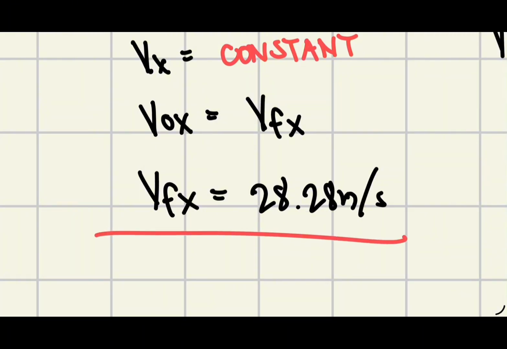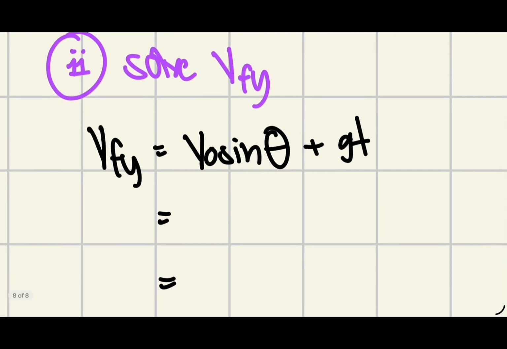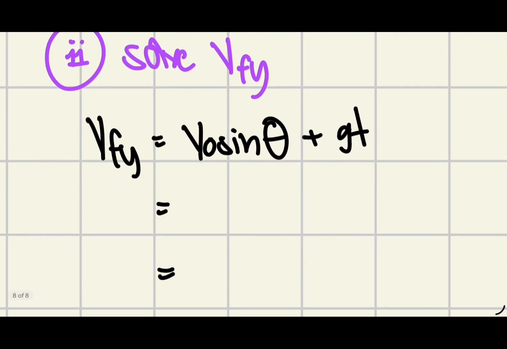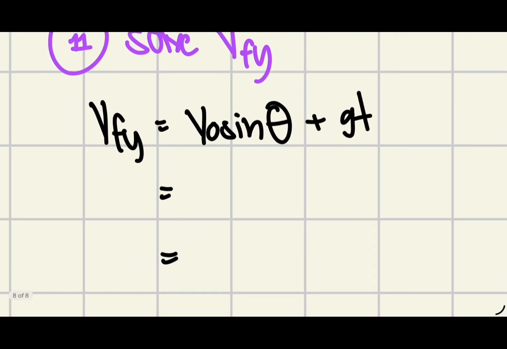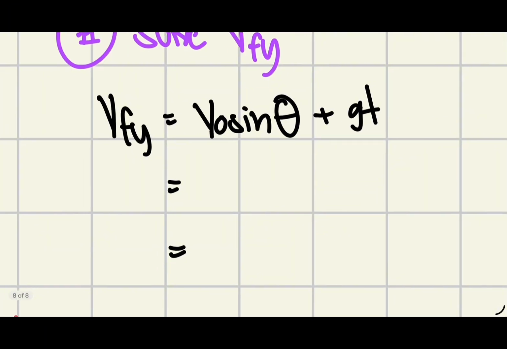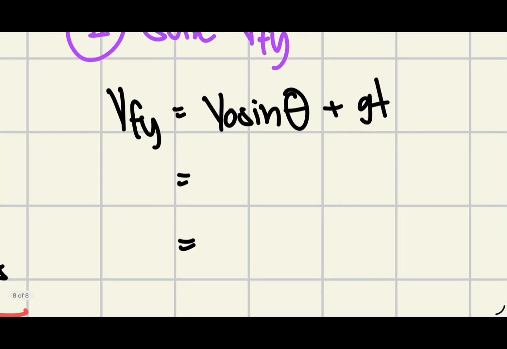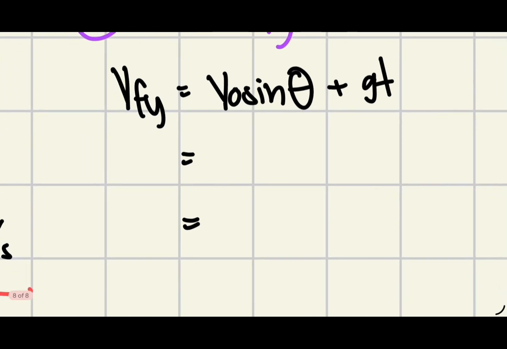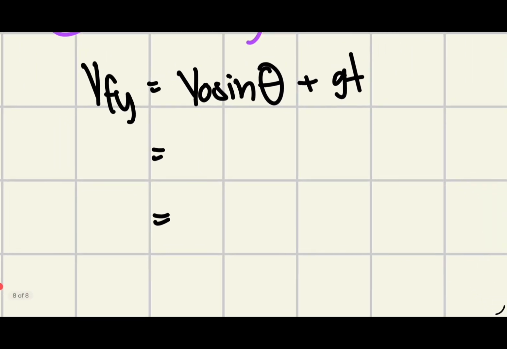Moving on. So step number 2, solve for the vertical component. So we use the first formula in our vertical projection equation. So we can simply substitute our values.